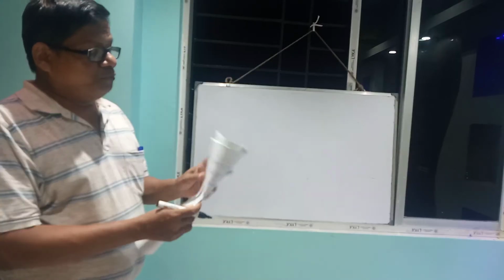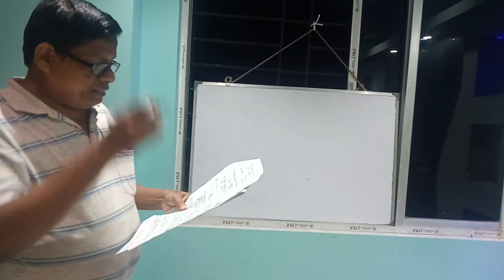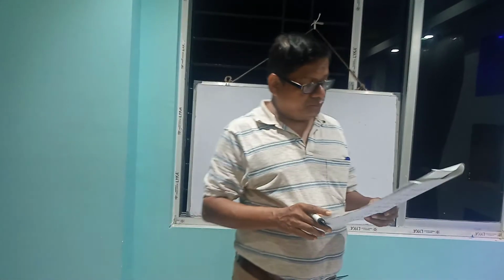Right, I am showing now the recurring deposit sums. Okay, recurring deposit sum. Here, Mohan has a recurring deposit account in a bank for 2 years at 6% per annum interest.